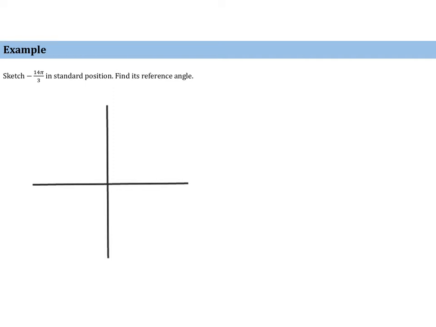Now let's go back to radians. You're probably not as comfortable with radians, but hopefully after this example, we'll start to make some connections. Negative 14 pi over 3. So let's look at the fractional portion, and we won't even worry about the negative right now, because the negative just means that we're measuring clockwise in this case. So 14/3 equals 4 2/3.